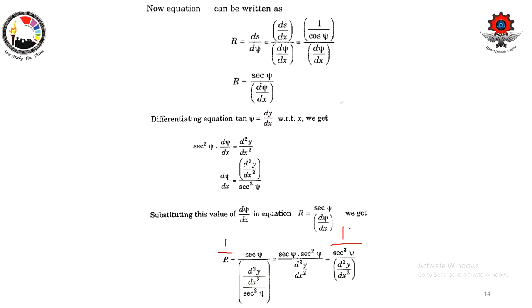Now taking this d square y by dx square above, secant cube psi will come down, d square y by dx square goes to the top. So that is what is given here, 1 by r, d square y by dx square goes to the top, secant cube psi comes down, right?